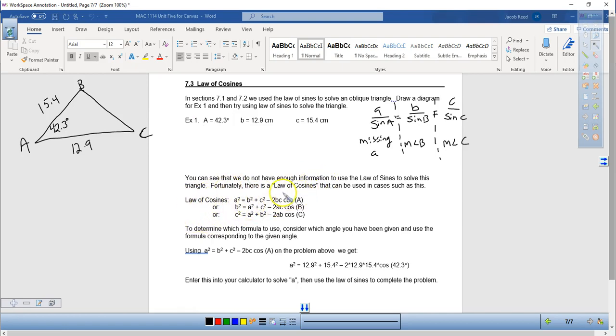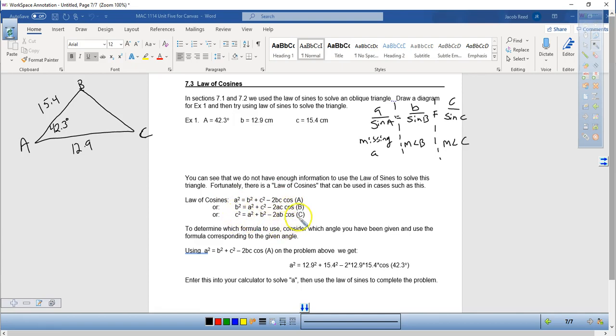The law of cosines is as follows down here. A squared equals B squared plus C squared, there's your Pythagorean theorem, minus 2BC cosine A. If you look at these formulas, if A is at the beginning, A is also at the end with the cosine, and then we do B squared, C squared, 2BC. Looking at the second one, B squared is at the beginning, B is at the end.